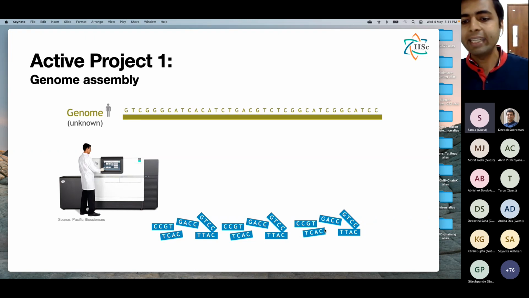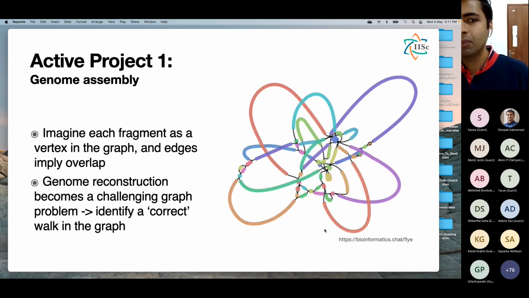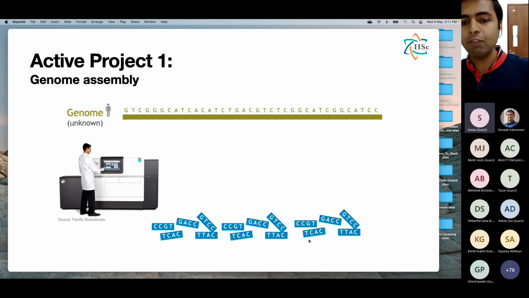So what is the technique that we use to solve this problem? Think of it as a graph problem where intuitively what you want to do is to analyze overlaps among these fragments. These fragments will likely have overlaps among them.